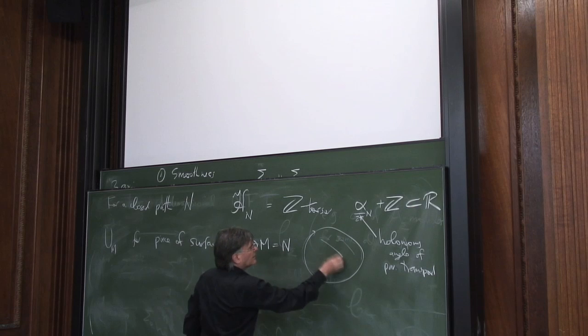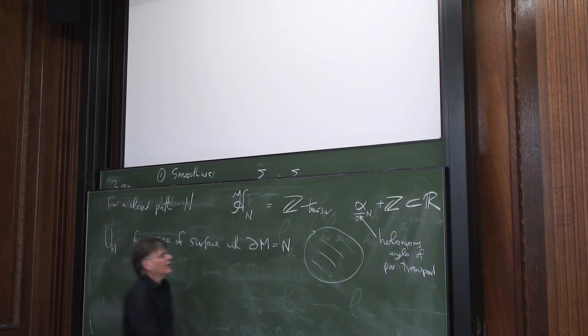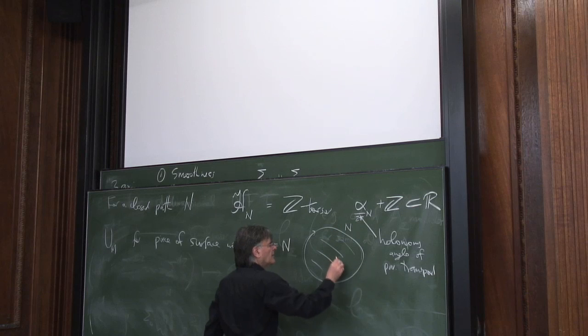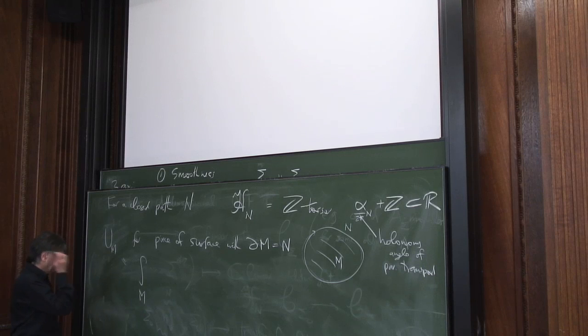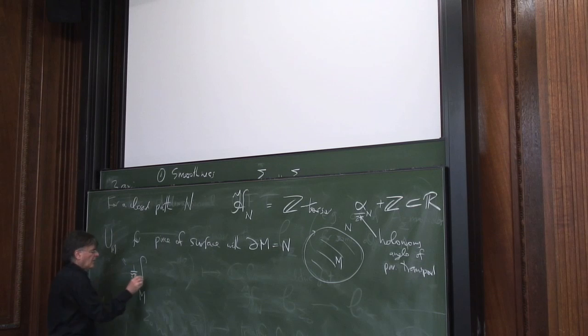Well, it doesn't have to be topologically a disk, but imagine this is N and that is M. Then we'll just define this to be the integral over M, again 1 over 2 pi, of the Gauss curvature, where this is the Gauss curvature 2-form.